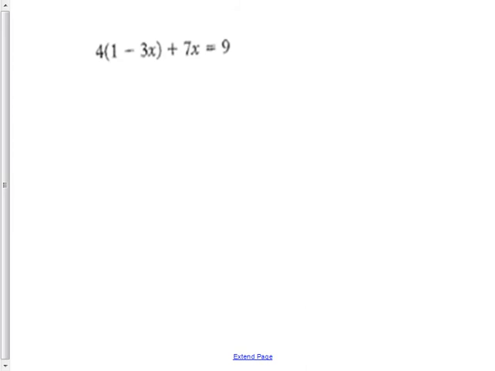Here's a nice, decent one that follows that same logic. Oh, that's too many. It distributes only to the 4 times 1 and the negative 3. And they're x's, not y's.